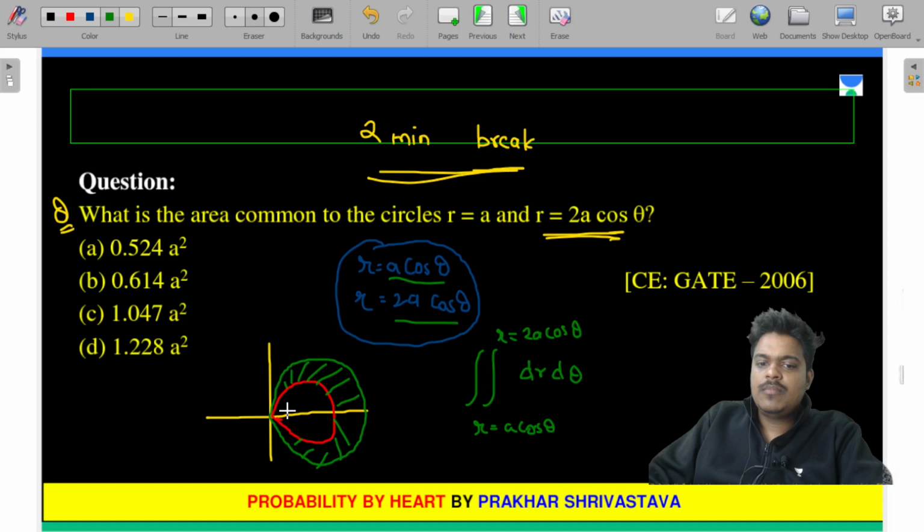Putting the value, this will be 6x minus x square minus x square by 2, so minus 3x square by 2. When you solve this question, you will be getting the value as 13.5.